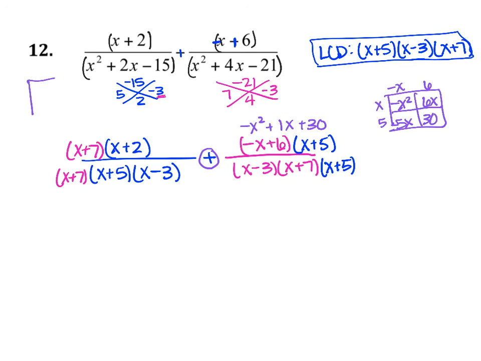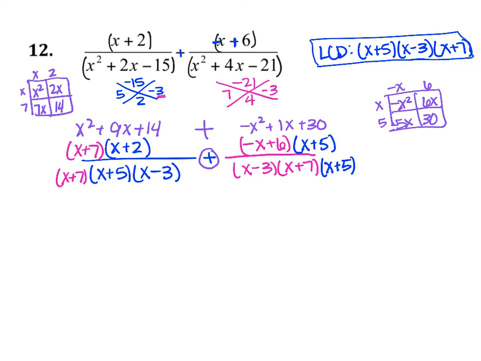And for my numerator, that first fraction, x plus 7 times x plus 2 is x squared, 2x, 7x, and 14. 2x plus 7x is 9x.